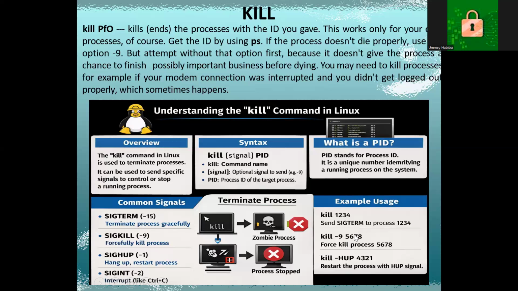The hyphen 9 option sends the SIGKILL signal, which immediately stops the process without giving it a chance to clean up resources. While this is very effective, it should be used carefully because it may lead to data loss or incomplete operations if the program was in the middle of writing data.